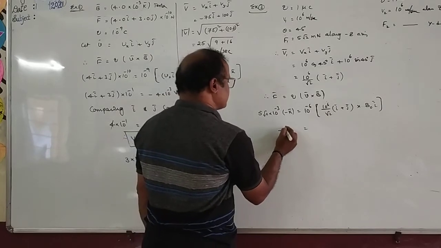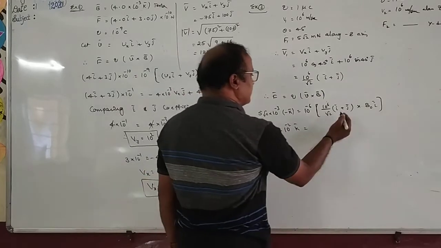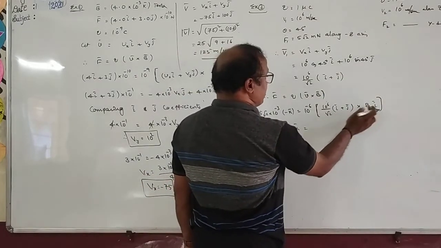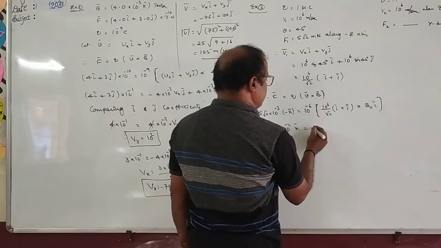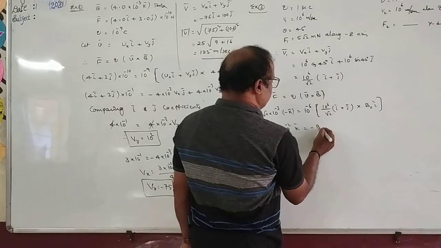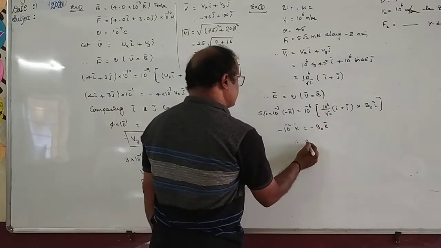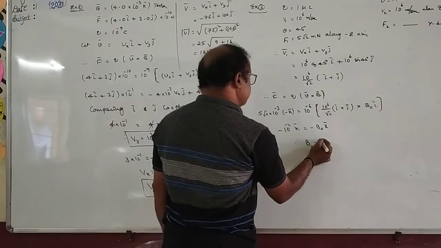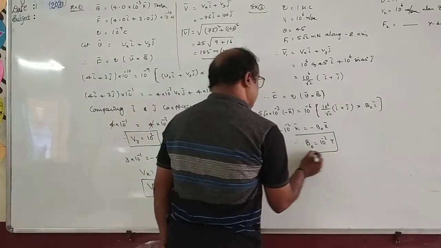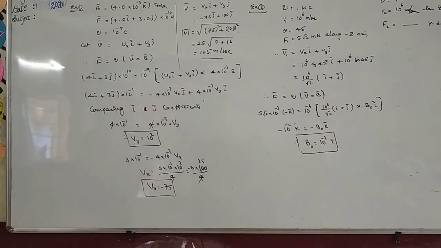So minus 10 power minus 2 into k bar equals, here i bar cross i bar is 0, and j bar cross i bar is minus k bar, so minus B naught into k bar. Comparing this, the magnitude of B naught is equal to 10 power minus 2 Tesla. This is the value of B naught.